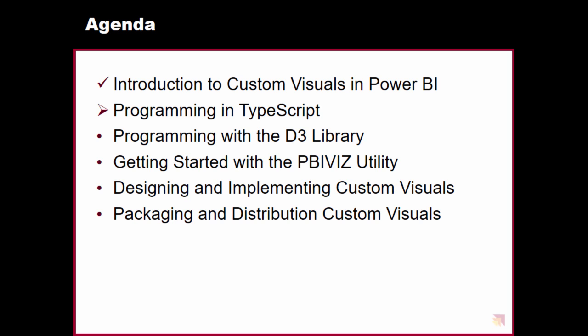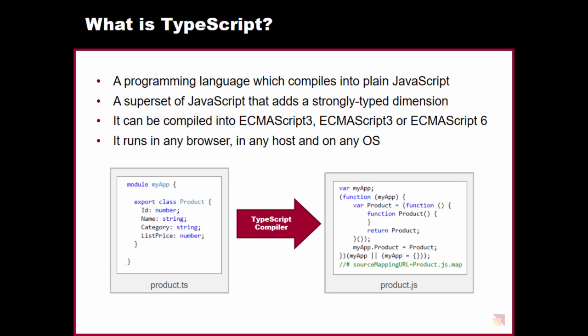Now, what is TypeScript? It's basically a language that someone designed on top of another language. They built TypeScript on top of JavaScript to deal with some of the problems that JavaScript has. JavaScript is not strongly typed. JavaScript does not have object-oriented constructs like class and interface.